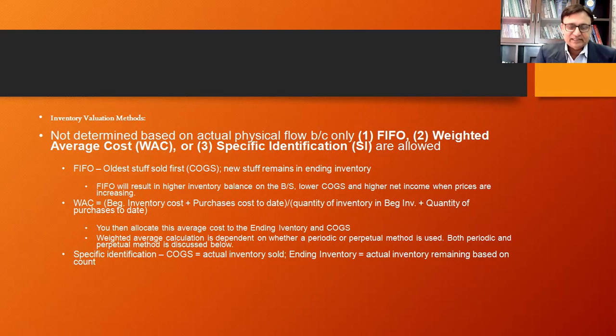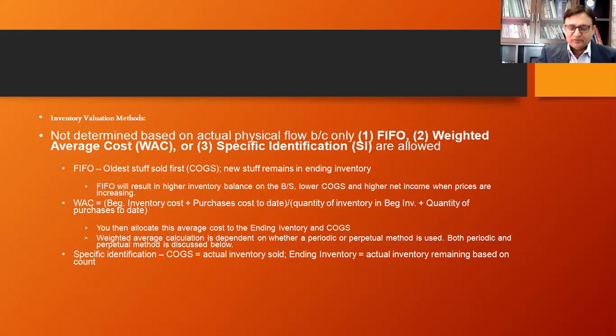Secondly, weighted average cost method. So beginning inventory cost plus purchases to date, divided by the quantity of the inventory plus quantity of the purchases to date. So whatever will be there, we will be finding out the average. So total cost divided by the quantity of the inventory at the beginning plus quantity purchased till date that the organization is holding.